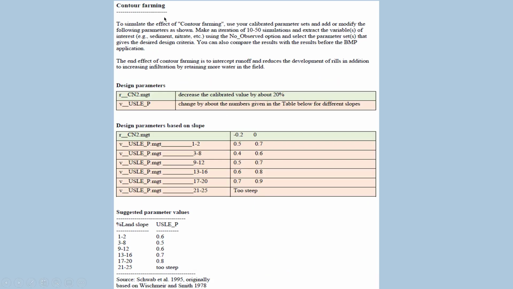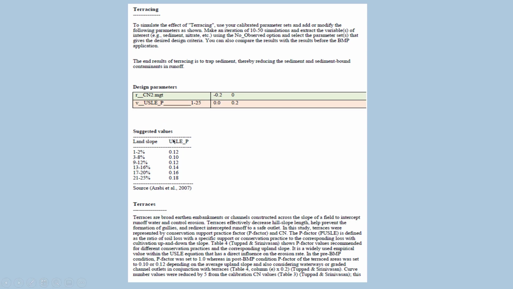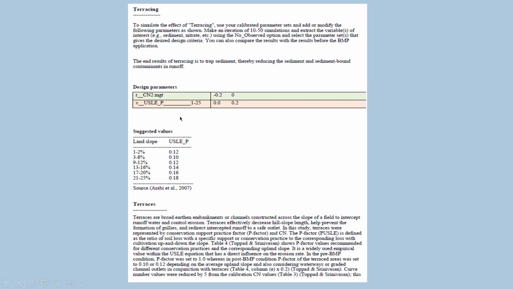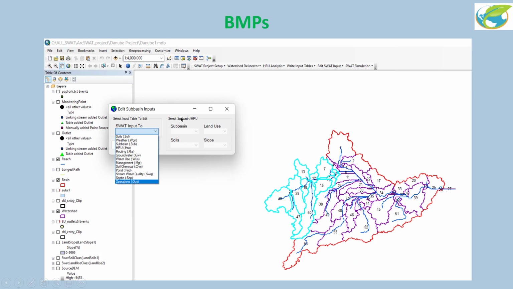Anyhow, you have contour farming, and for all of these BMPs, there are certain design parameters that you can design. So if you want to do contour farming, you can actually design the important parameters, the terracing and so on. Now, these are in the operation files of SWAT.